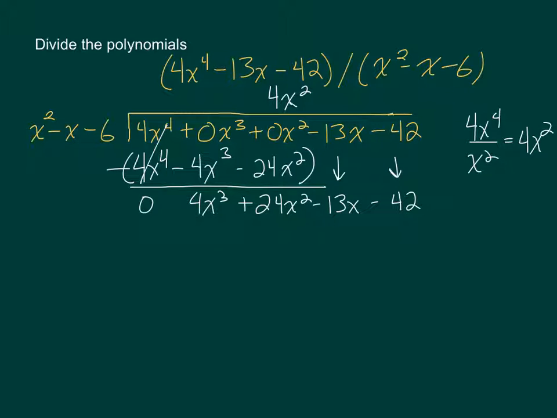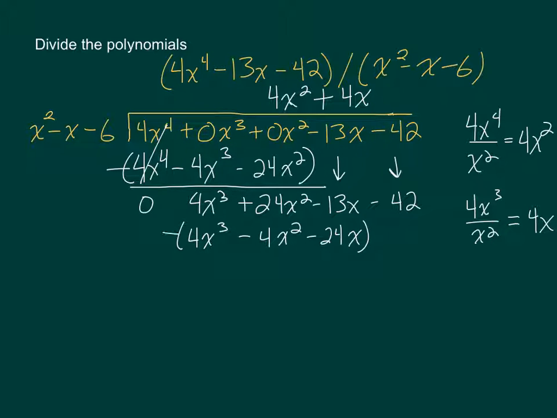Bring these other two down, start the process again. The first term of the dividend is now 4x cubed. Divide that by x squared, and that gives you 4x. So line that up appropriately above the dividend. Distribute 4x to everything of the divisor, and when you multiply 4x all the way through, you get 4x cubed minus 4x squared minus 24x.